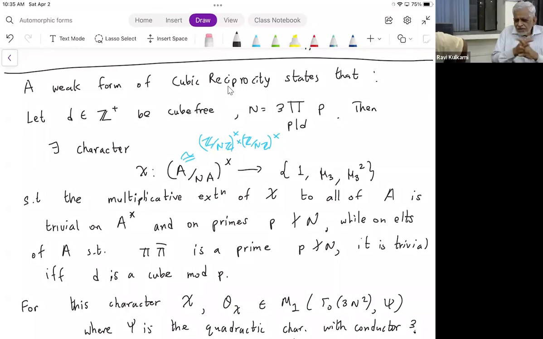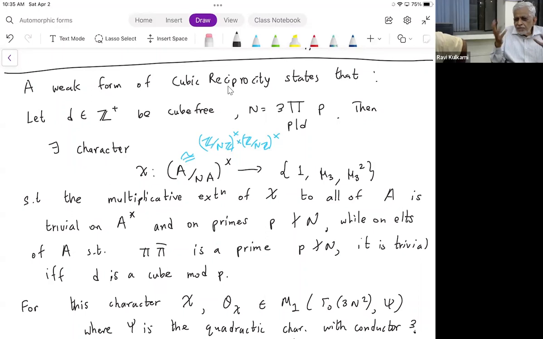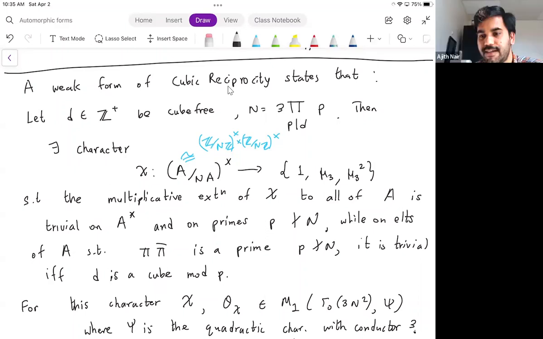There may be a similar interpretation for all these eigenforms, some number theoretic interpretation related to some reciprocity in number theory.